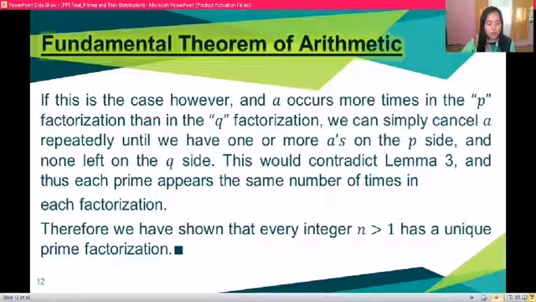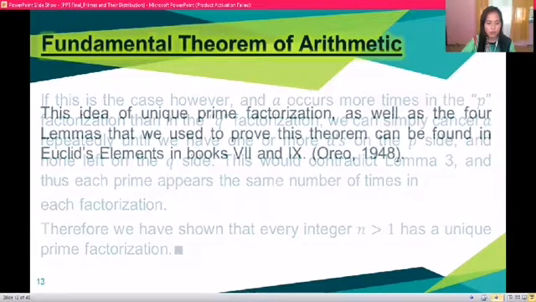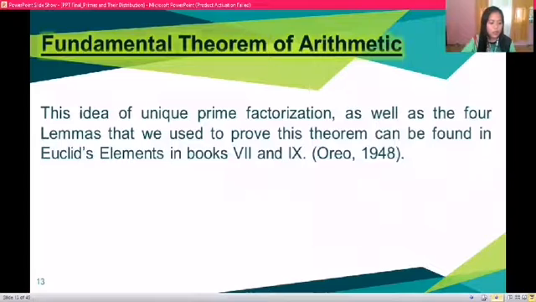Therefore, we have shown that every integer n greater than 1 has a unique prime factorization. End of the proof. This idea of unique prime factorization, as well as the 4 lemmas that we have discussed, which we use to prove this theorem, can be found in Euclid's Elements in books 7 and 9 from Orion 1948.